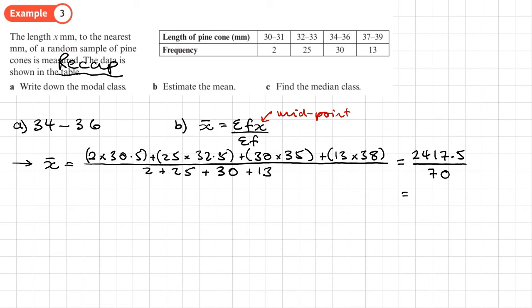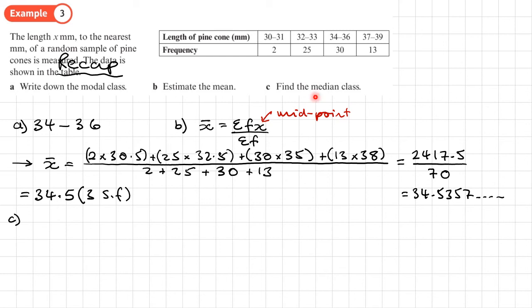So if we do that division, we get 967 over 28, which is 34.5357. And we're going to round that to 3 significant figures. So we'll give our answer as 34.5. That's 3 significant figures. Okay, we'll just move on to part C.